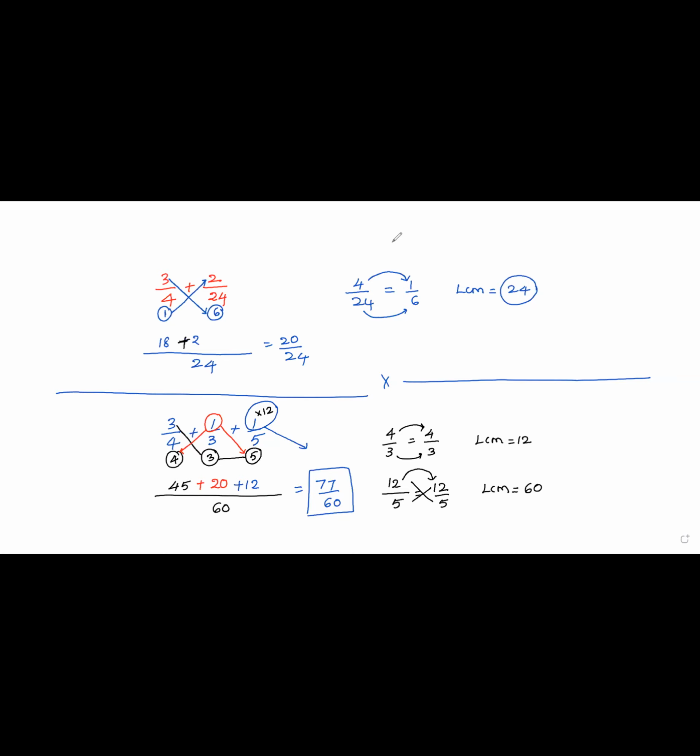Right. Suppose 3 by 7 minus 2 by 5 plus 1 by 14 is there.